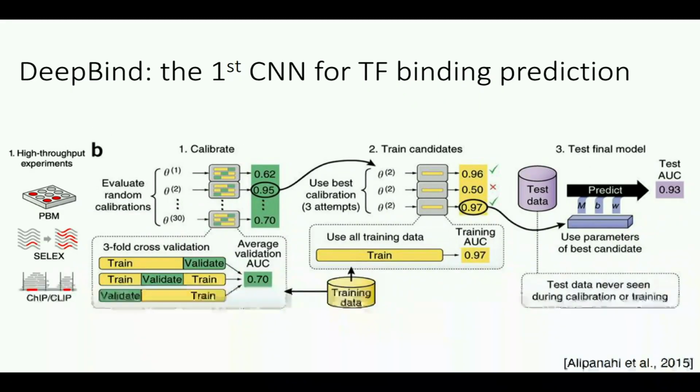What it does is basically take the protein binding microarray, which is the experimental data you get, and then cut your sequence into fixed-length segments, maybe 200 base pairs. In this particular paper, they assign a single label to each 200 base pair DNA sequence and make a binary prediction of whether a transcription factor is binding to it or not.